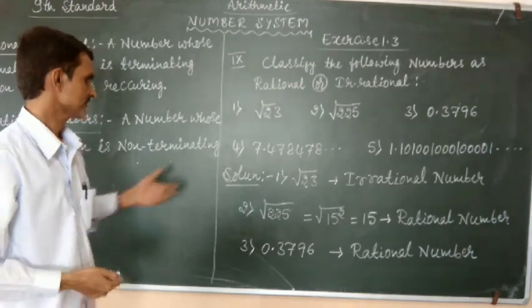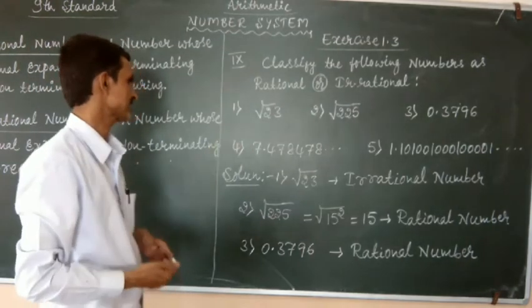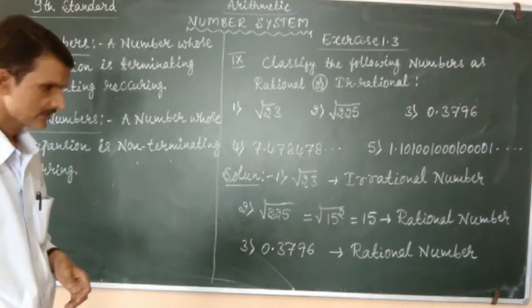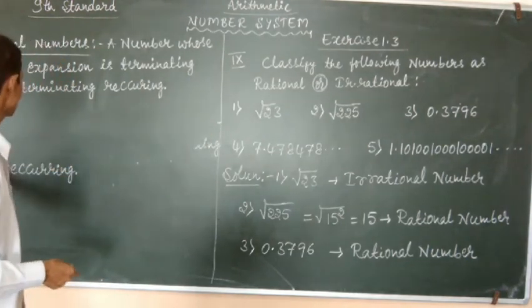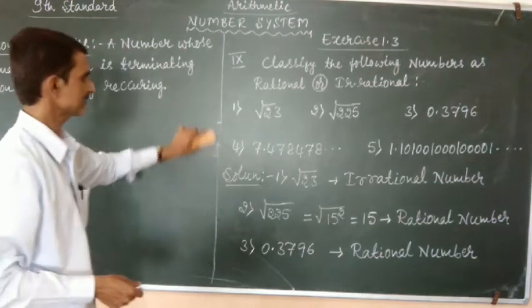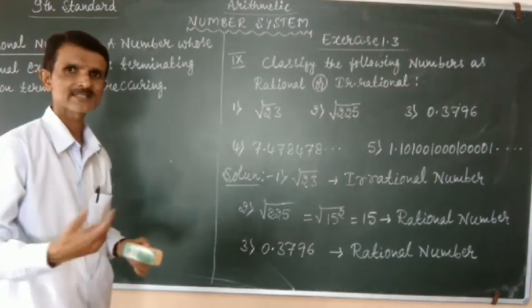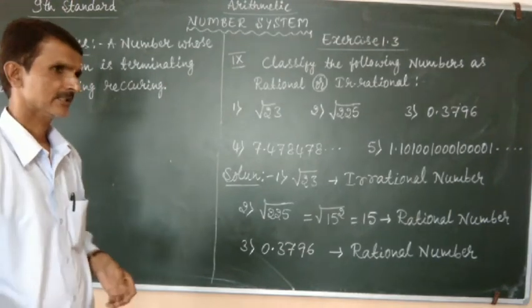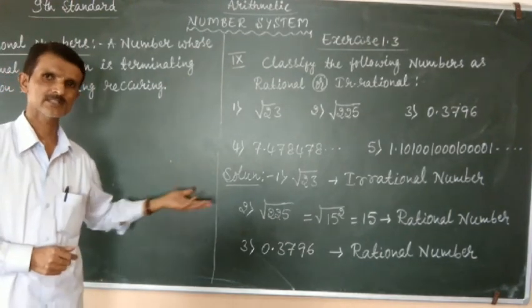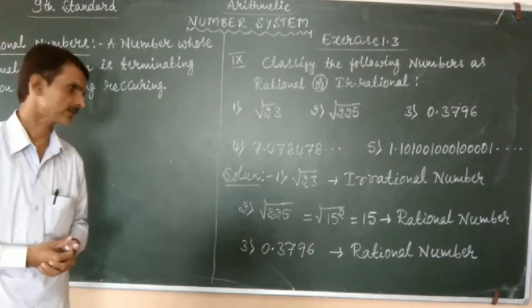Coming to the fourth problem, it is also written in the form of p by q. We will see that in the next method, the expression of decimal numbers in p by q form.